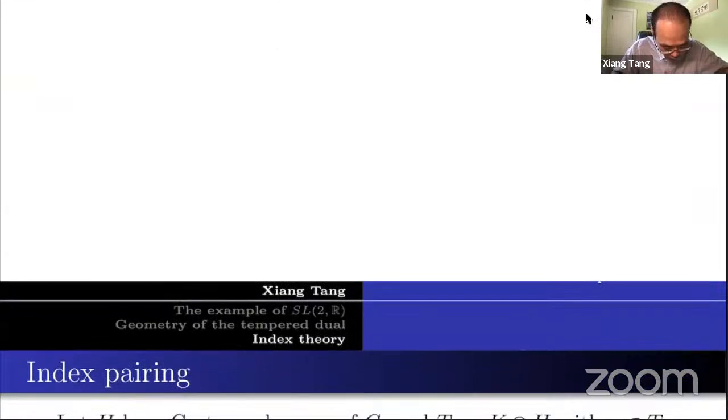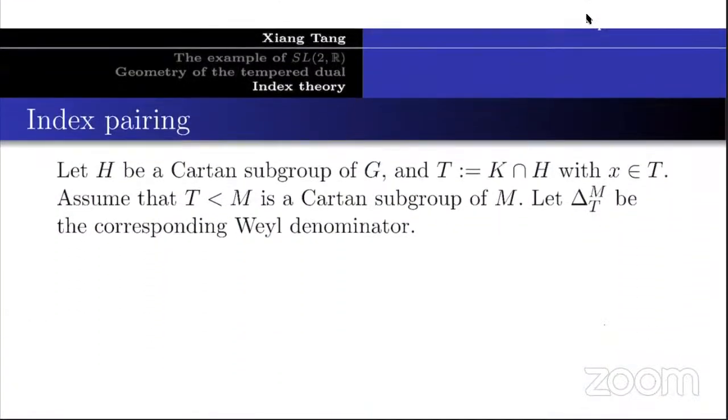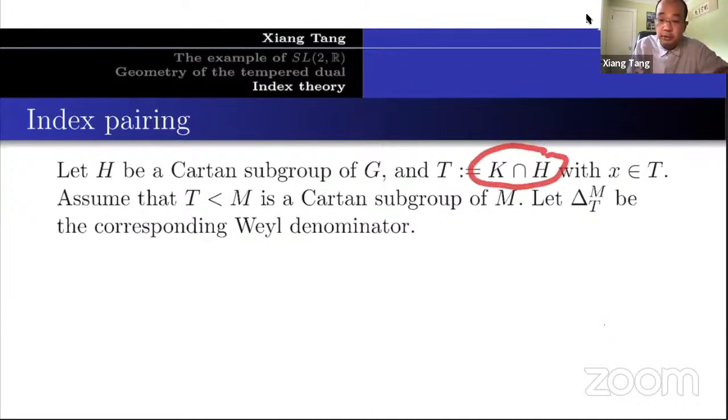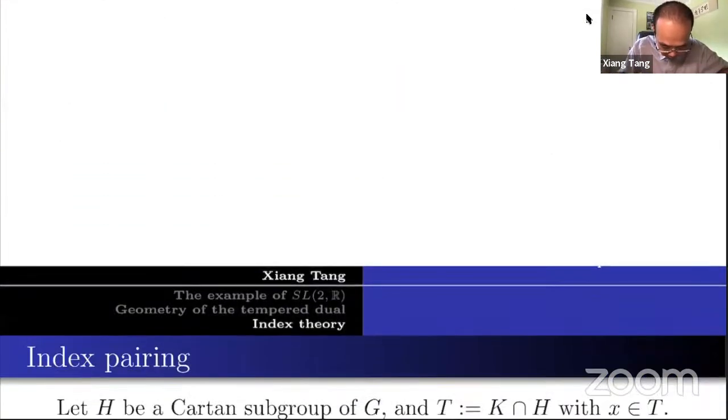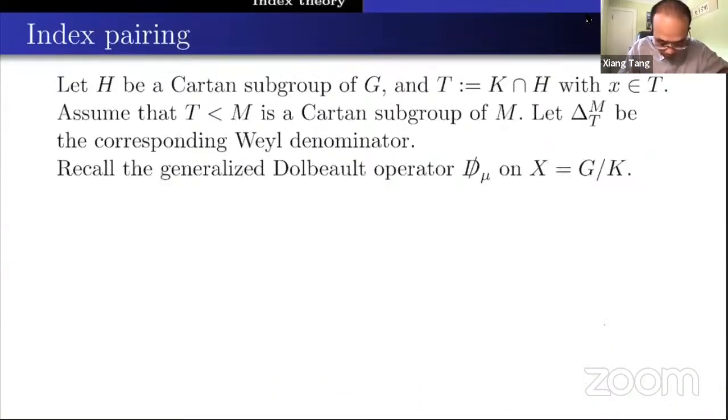Here I assume, so in general, this intersection may not be the maximal compact subgroup, may not be the maximal torus of the M group, but here we assume that this intersection is the maximal torus.